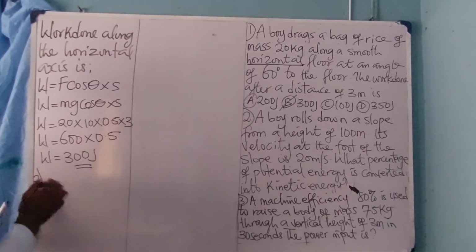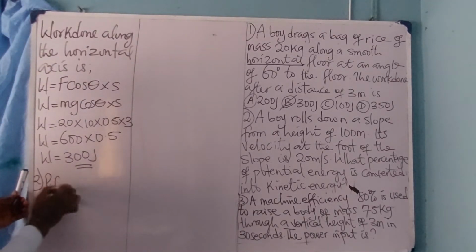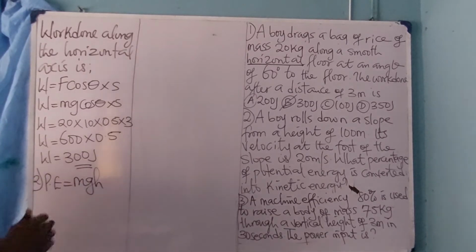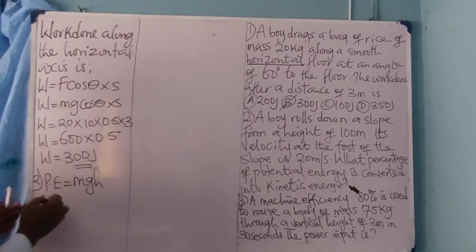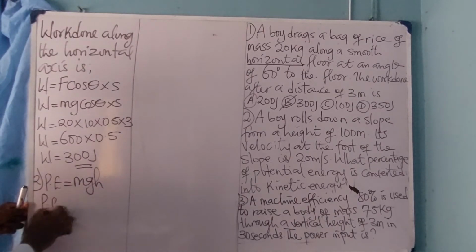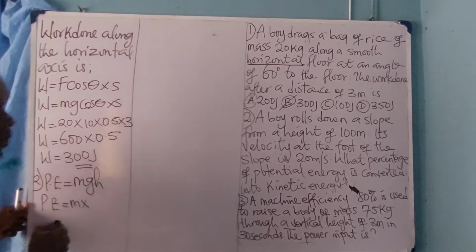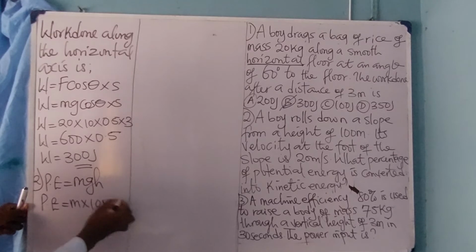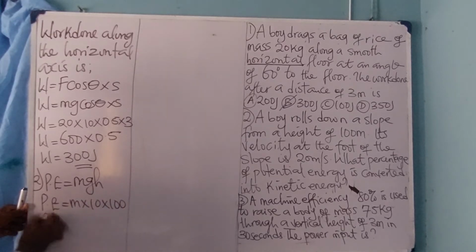So in doing that, I told us that potential energy is equal to mgh. The mass was not given, so you now have that Pe is equal to m times gravity, which is always 10, and the height 100, right? Which means that Pe is equal to what?